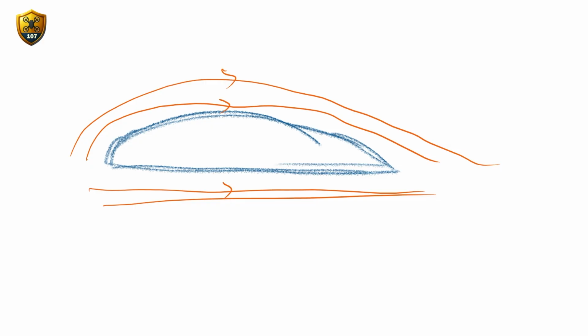So when the air flows like this, it's going to create an effect of high pressure and low pressure. So the air particles will travel more distance over the top of the wing because of the curve that we have here, right? So there's a curve, so the air particles have to travel more distance than at the bottom.